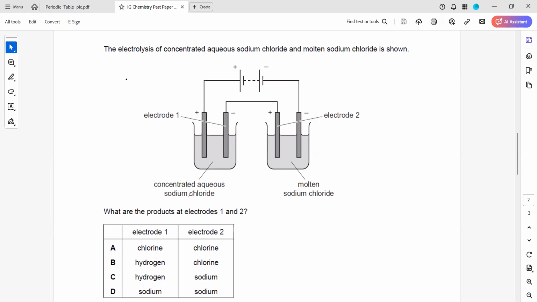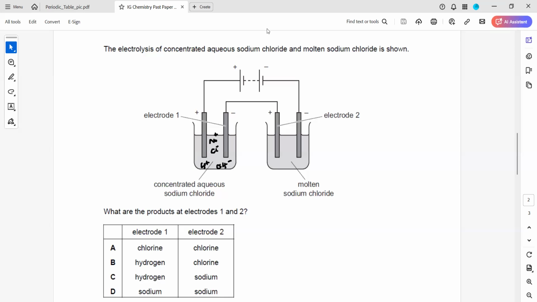So here we have concentrated sodium chloride. What are the ions present here? It contains a sodium ion, a chloride ion, and because it's aqueous, it also contains a hydrogen ion and a hydroxide ion. First, what will happen? We need the products at electrode 1 and 2.